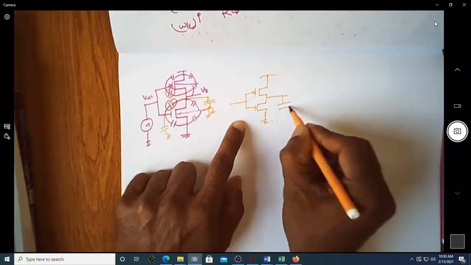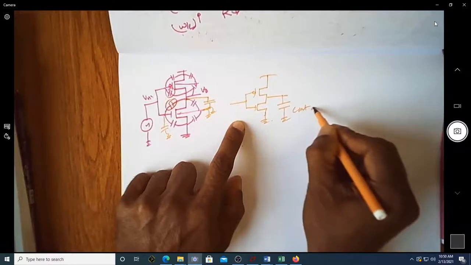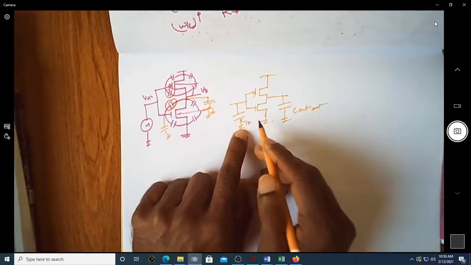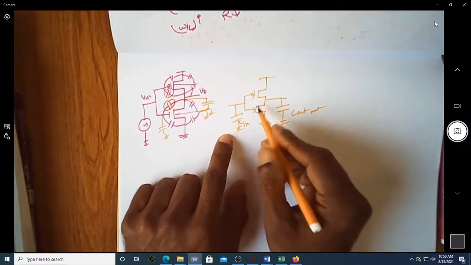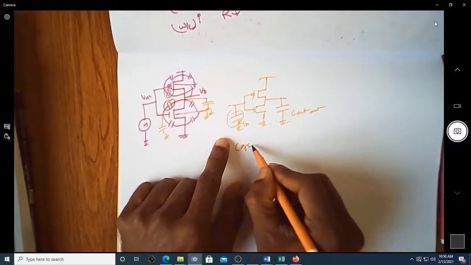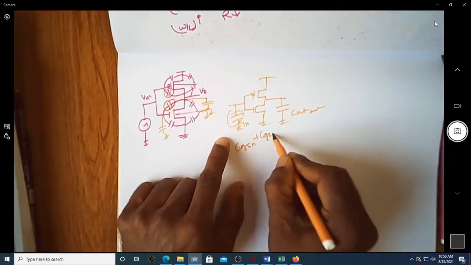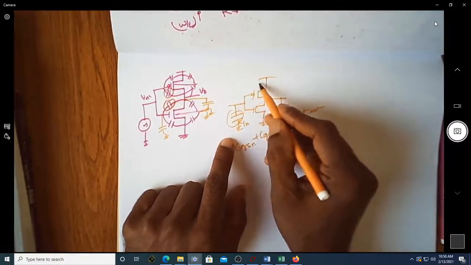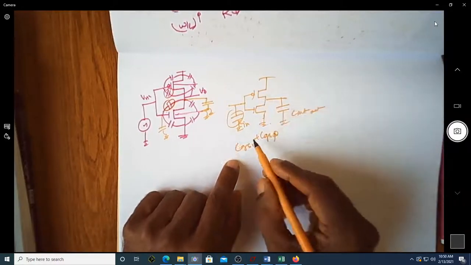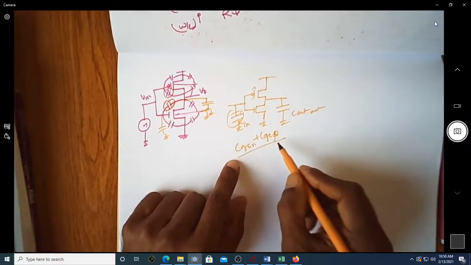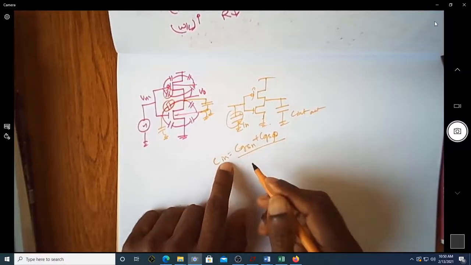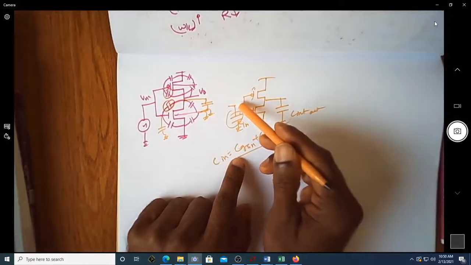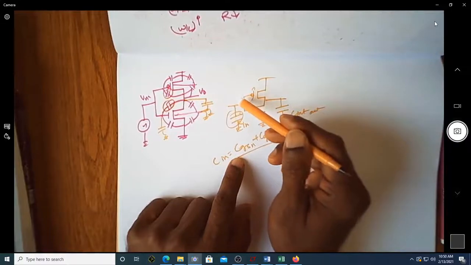One is C intrinsic at the output side, and the other is C in. So this is C in. There is an input capacitance seen here, which is effectively CGS of N plus CGS of P transistor. Because these two come in parallel, they add up. So C in, the input capacitance of this inverter, is the capacitance between gate and source of NMOS plus that of PMOS.